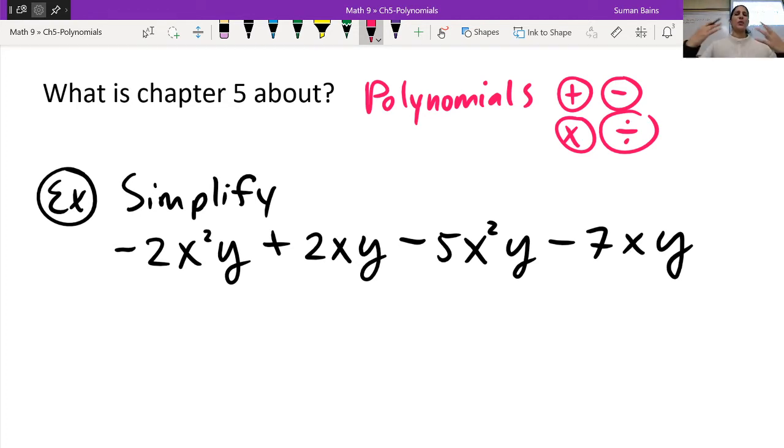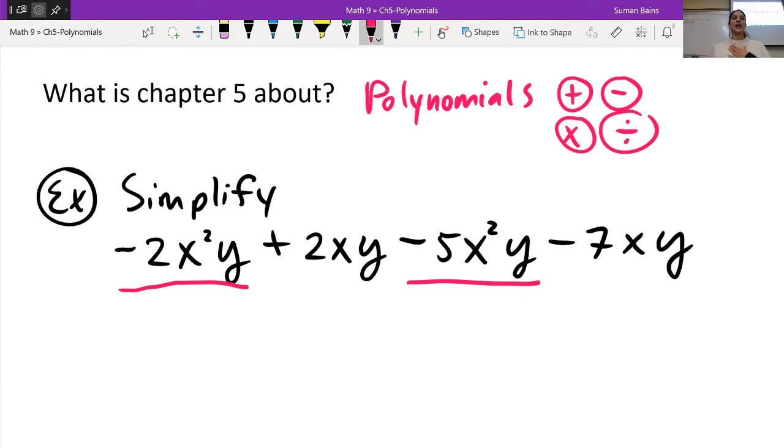I'm not going to give you quite as much time as I normally would because we're reviewing for the second time, really. We talked about like terms, and I showed you some strategies like underlining the like terms. Which term is a like term with negative 2x squared y?